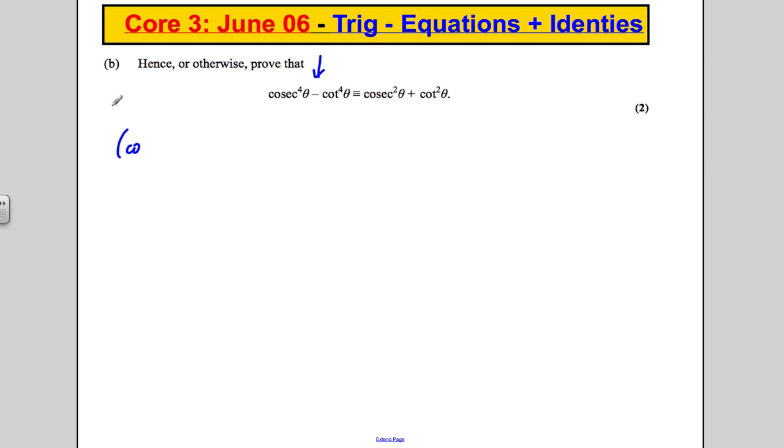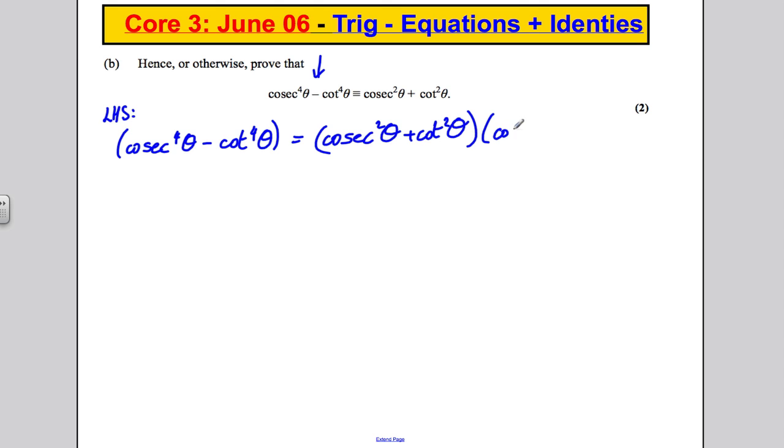Let's start off with the left-hand side, i.e. cosec 4 theta subtract cot 4 theta. You could write it as cosec squared theta plus cot squared theta multiplied by cosec squared theta subtract cot squared theta.